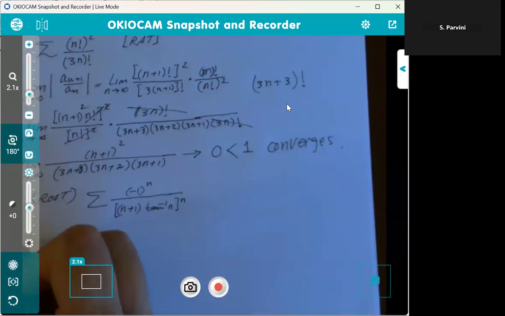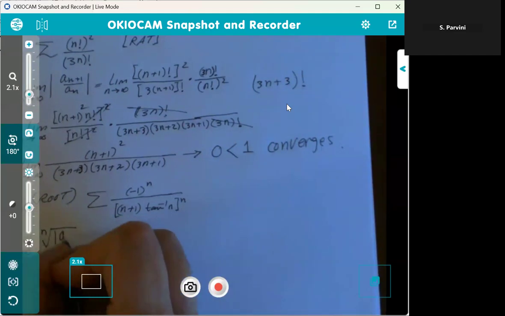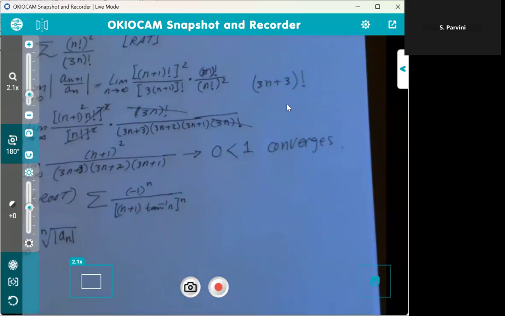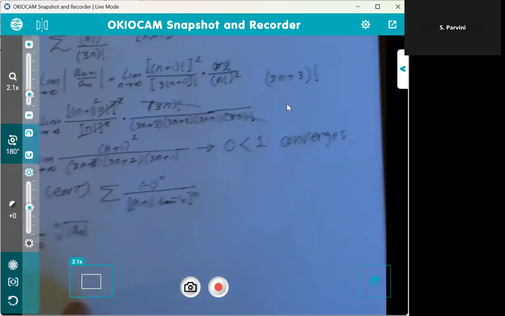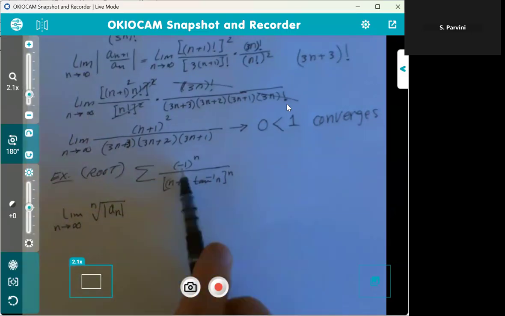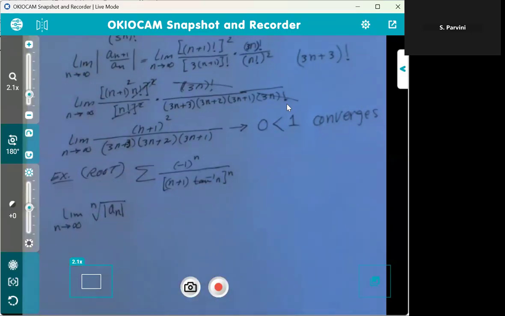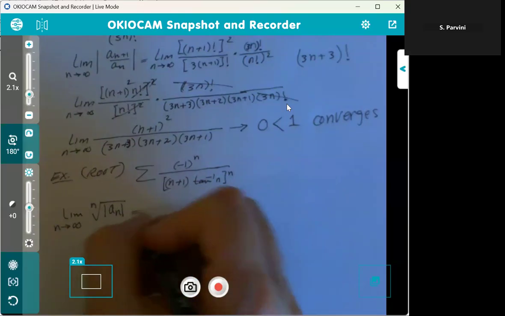So I'm going to look at the limit as n goes to infinity of the nth root of the absolute value of a_n. Now remember what absolute value does here. The absolute value gets rid of the (-1)^n part, so I'm just going to drop that part out.